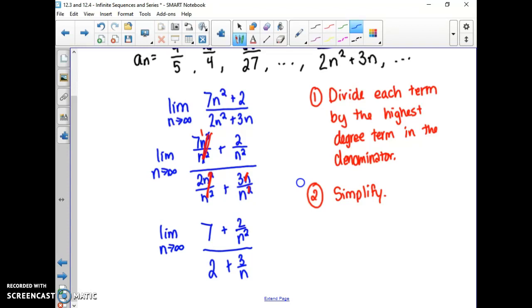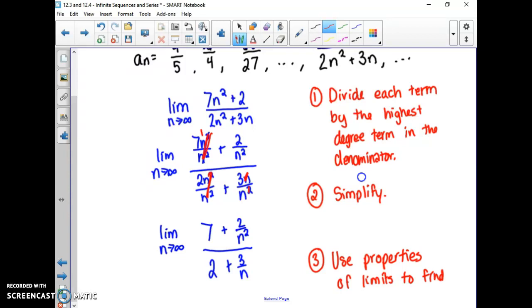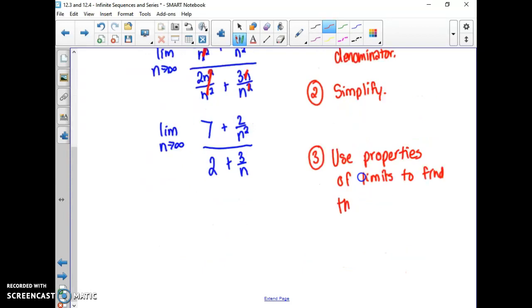So what we can do at this point is use the properties of limits to find the limit of each term.